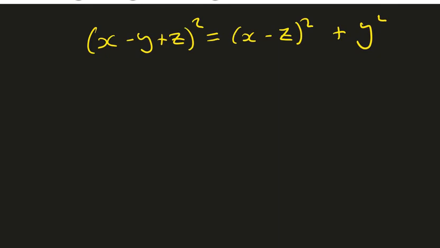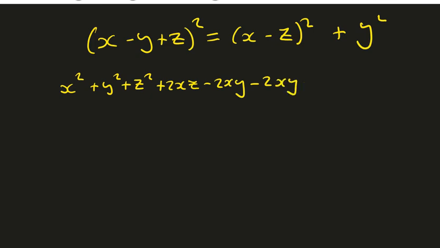So if I'm expanding this, that left-hand side will give us the following result. x squared plus y squared plus z squared, and we'll also have a 2xz minus 2xy and minus 2zy.